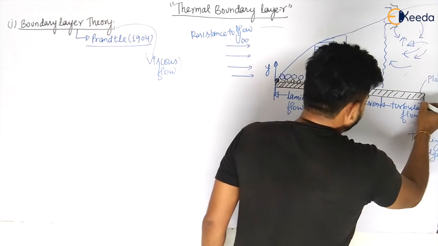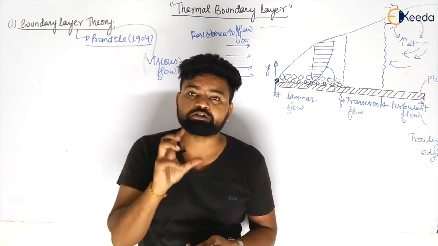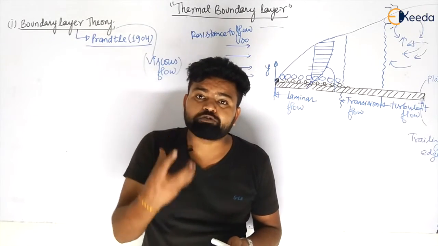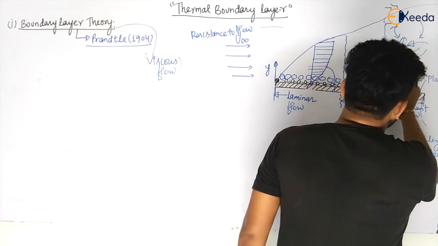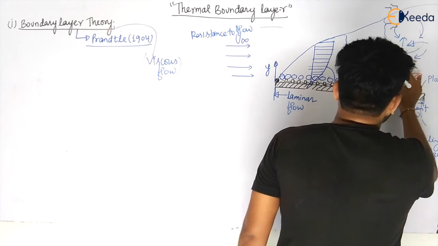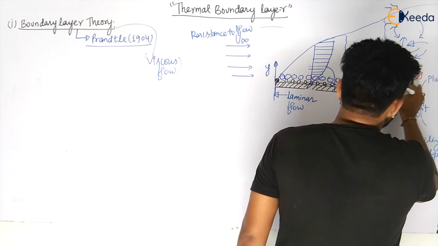Okay, now let us see. In turbulent flow also there will be some buffer zone where laminar flow will exist, below this.